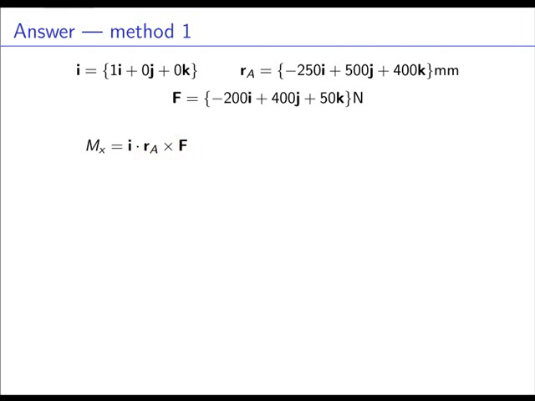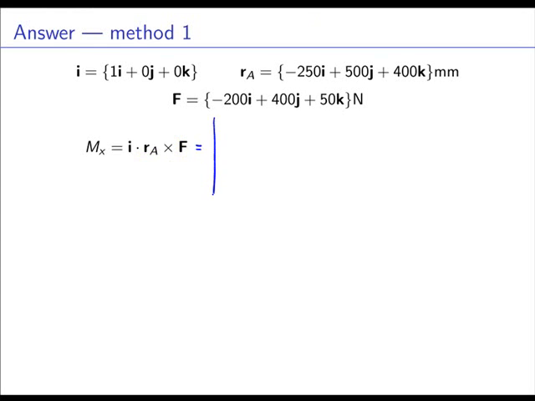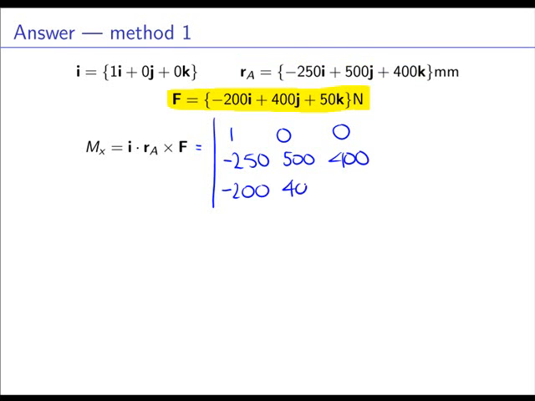The triple scalar product can be expressed in determinant form. We have i with Cartesian coordinates 1, 0, 0. RA has coordinates minus 250, 500, 400, and F has coordinates minus 200, 400, 50.